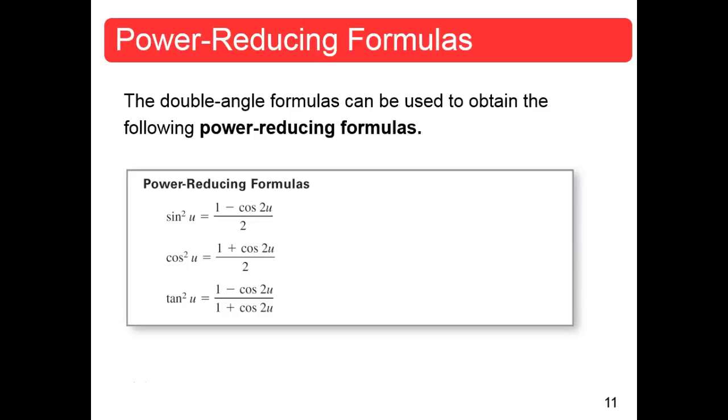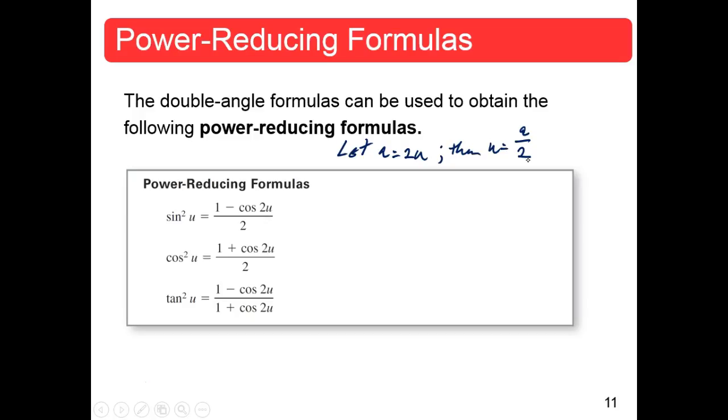Rather than 2u, pick another variable. A. That'll be all right. So what we're going to do is let A equal 2u, right? That's legal in most states, right? Can you tell me what u is then? It is equal to what? A over 2.